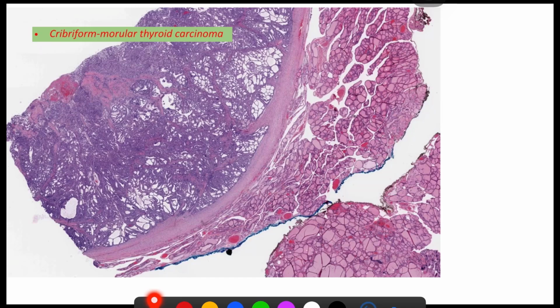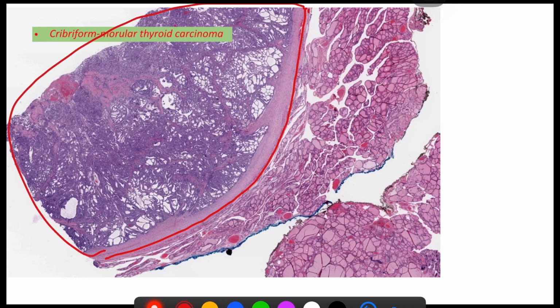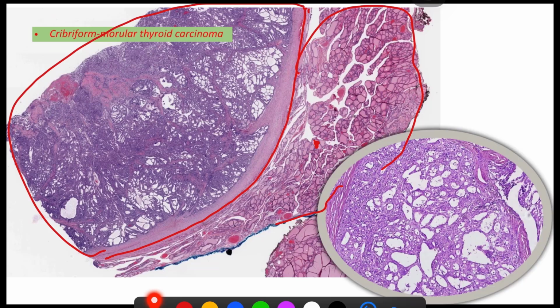Here you can see the tumor part, and this is the normal thyroid gland, which shows follicles filled with colloid material. This tumor shows multiple punched out areas, and this is called cribriform pattern, and another name is cribriform morular thyroid carcinoma.